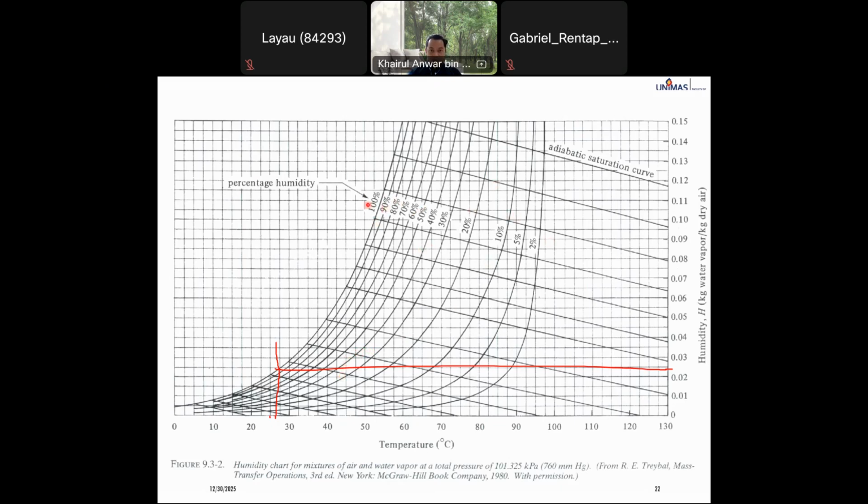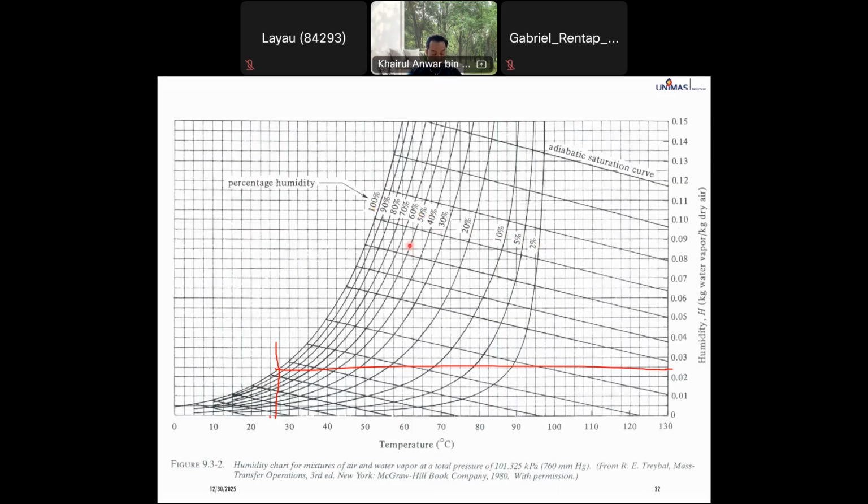So here this is HS as saturation 100%, and this one is HP, percentage humidity.